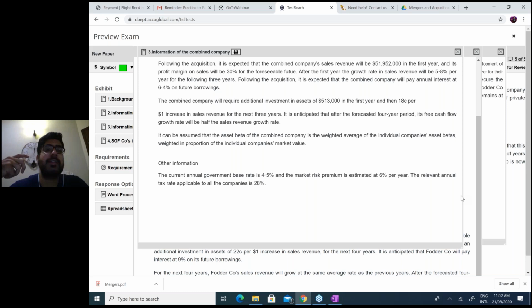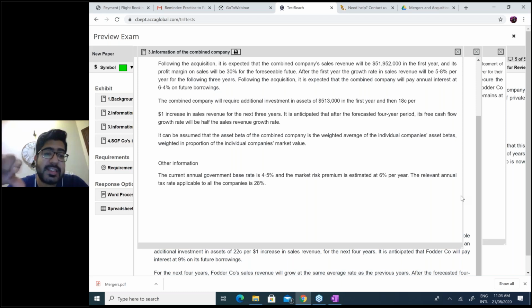In the previous exhibits, you were given information about Pursuit separately and Fodder separately. Now it states, following the acquisition, the combined company's revenue will be 51,952.